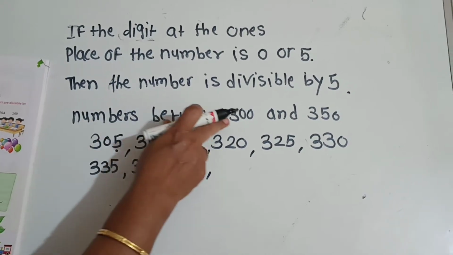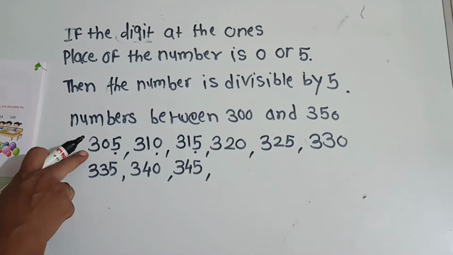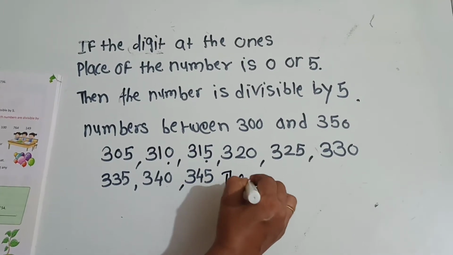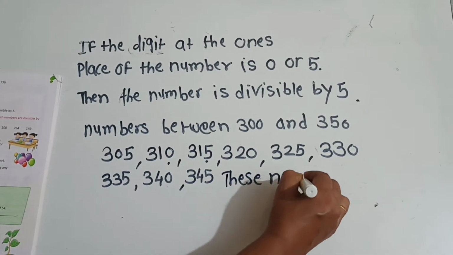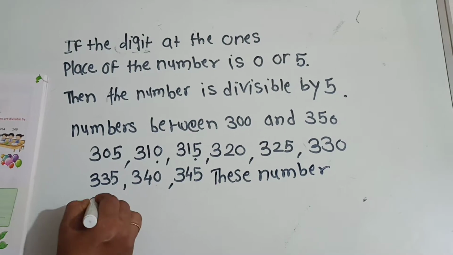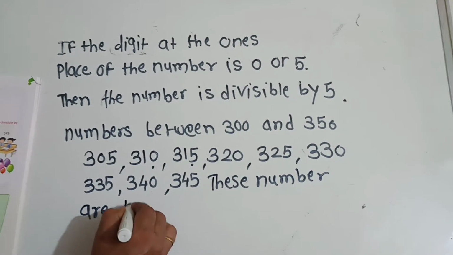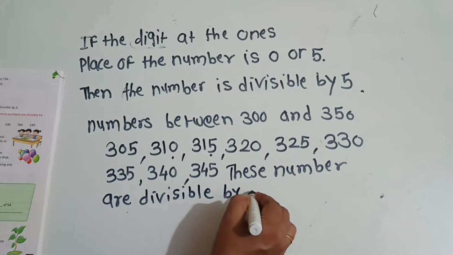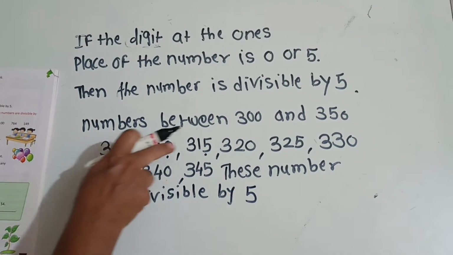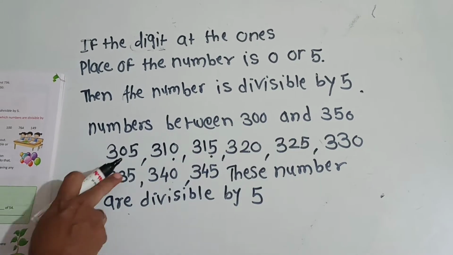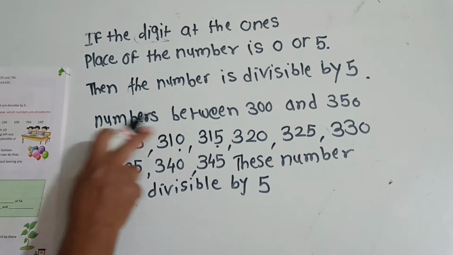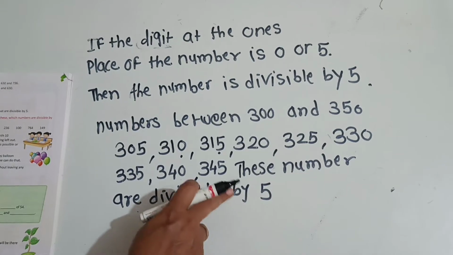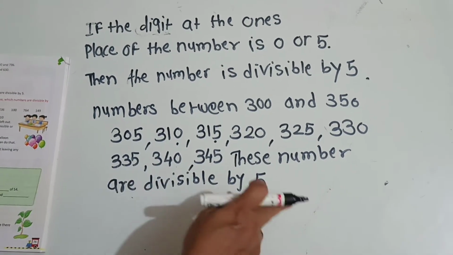So these numbers between 300 and 350 are divisible by 5. 1, 2, 3, 4, 5, 6, 7, 8 and 9. These 9 numbers between 300 and 350 are divisible by 5.